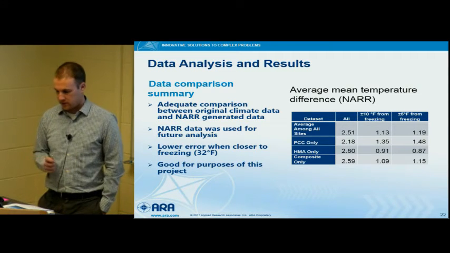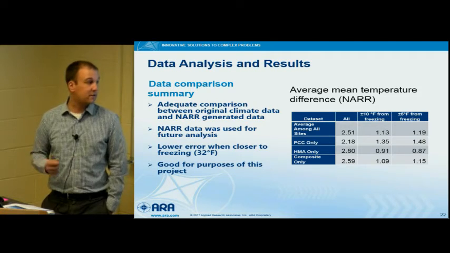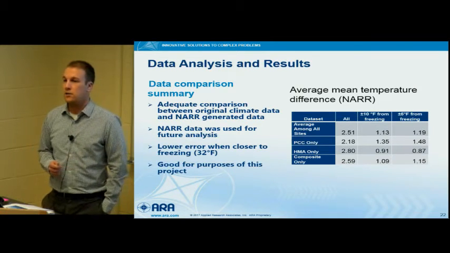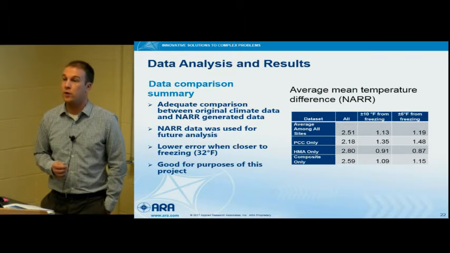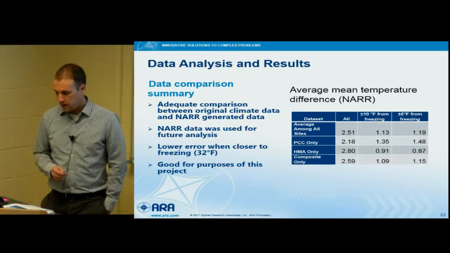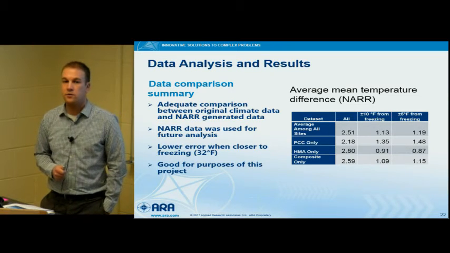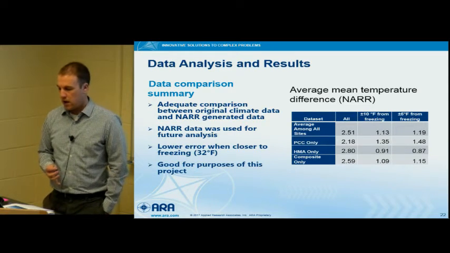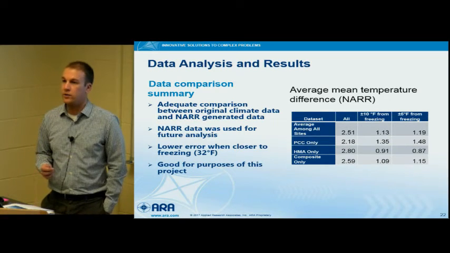I have a next slide I'll go into in a little bit more detail, but for the rest of the analysis, we use NARR data just because it's consistent. We don't have to do any post-processing or worry about any missing data. As we saw, there is lower error for areas closer to 32 degrees, which is good for the purpose of this project and to verify the prediction capabilities of the EICM.